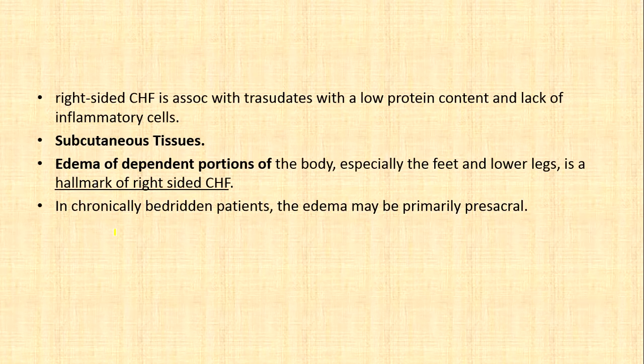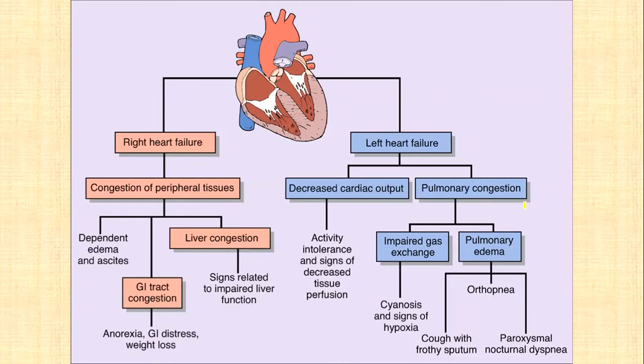Edema of the dependent portions of the body, especially the feet and lower legs, is a hallmark of right-sided congestive heart failure. And in bedridden patients, presacral edema can also develop. Here the slide shows you the features of right and left-sided heart failure.